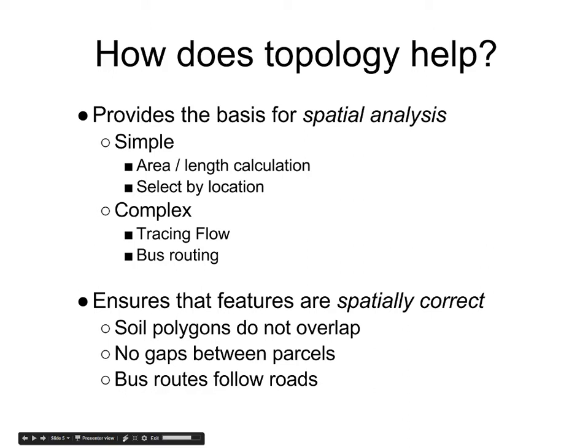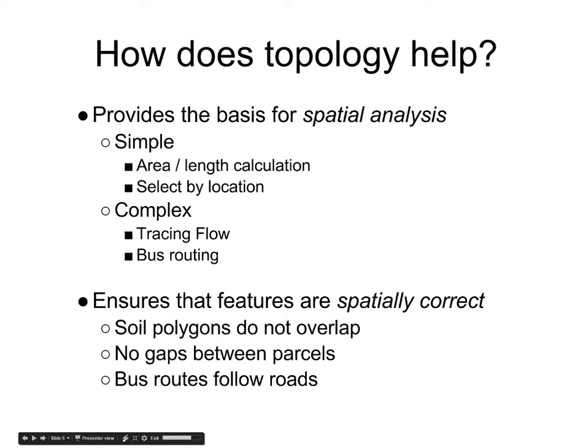Say, select all the birds' nests that are in this particular type of forest. And so those are simple types of spatial analysis that are made possible through topological behaviors in the data and in the software. And then of course there are more complex types of analysis that are made possible by topology, things like tracing flow through a utility network or routing a bus through a transportation network.